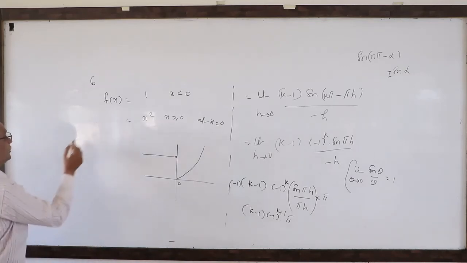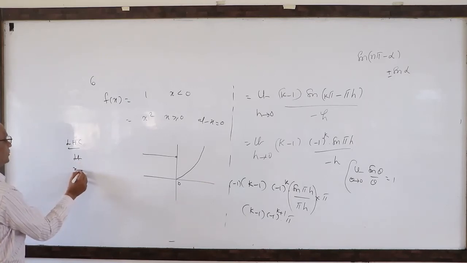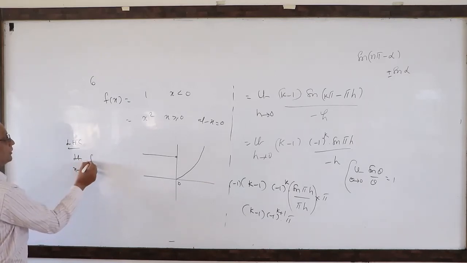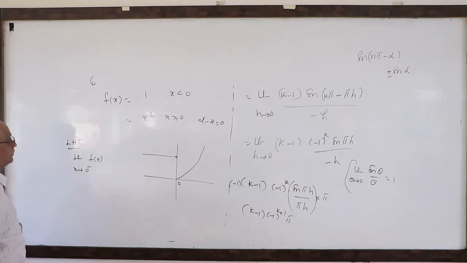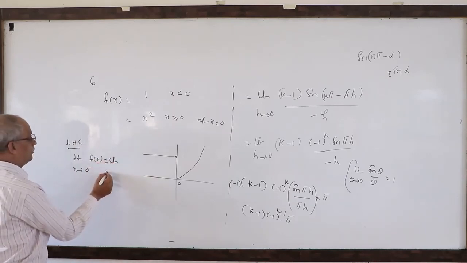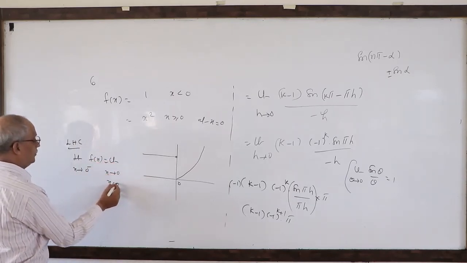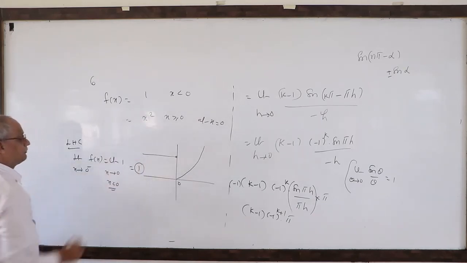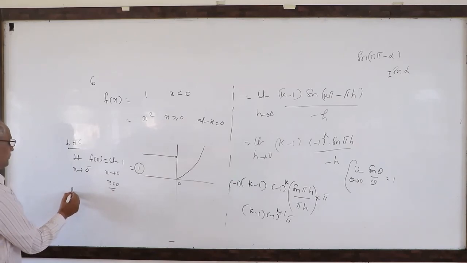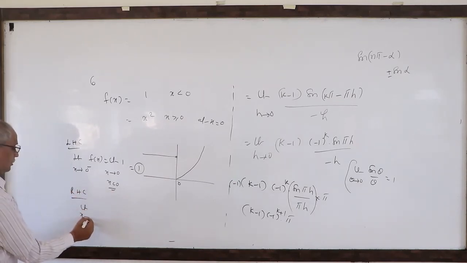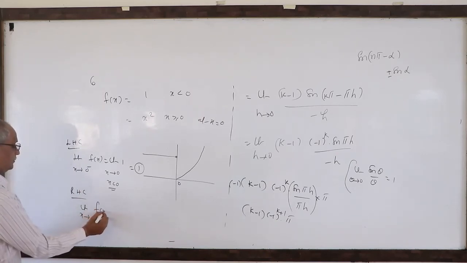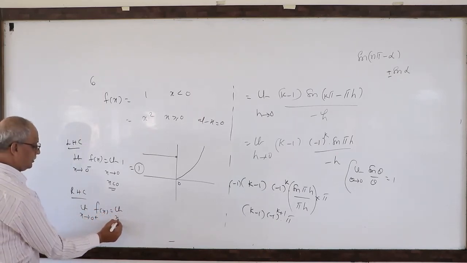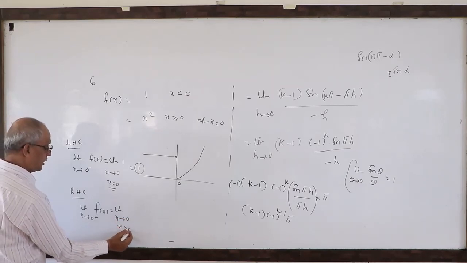Now we will see. To decide the continuity, we need left hand continuity. Limit x tends to 0 minus. First find the limits. X tends to 0, but x less than 0. For x less than 0, it is 1. So left limit is 1. Now right hand limit. What is that? X tends to 0 plus is the same as x tends to 0 but greater than 0.